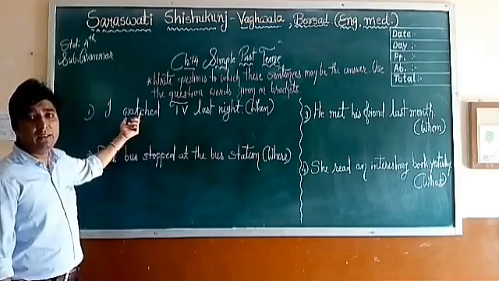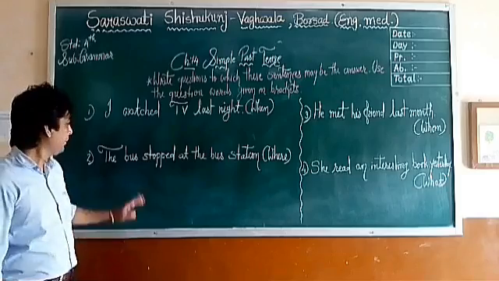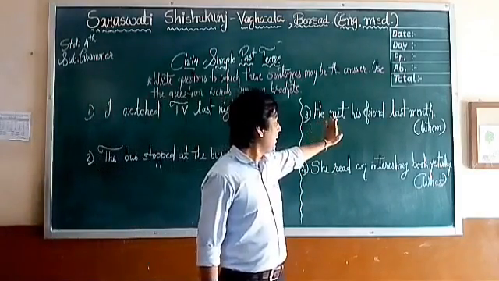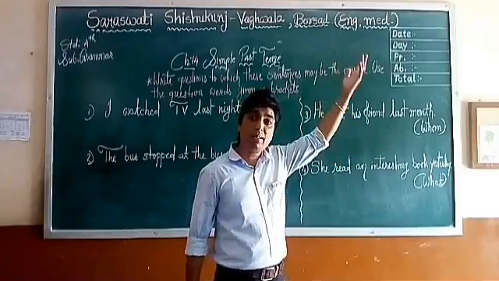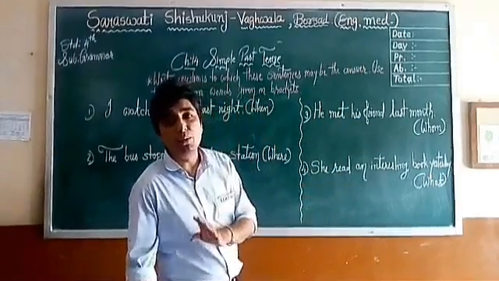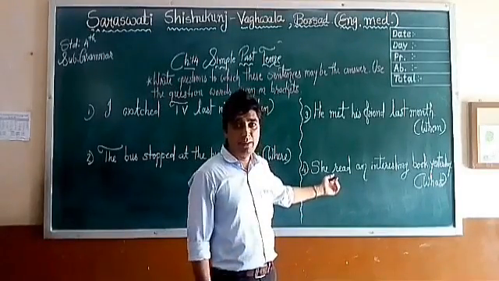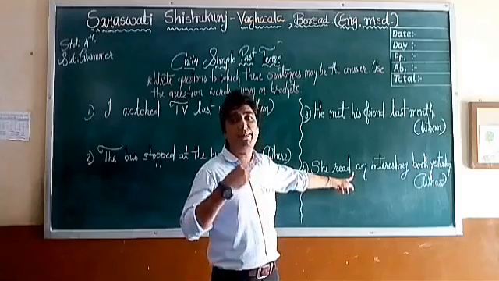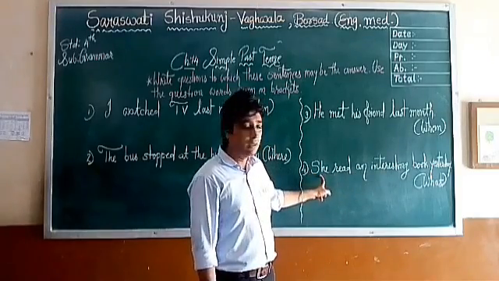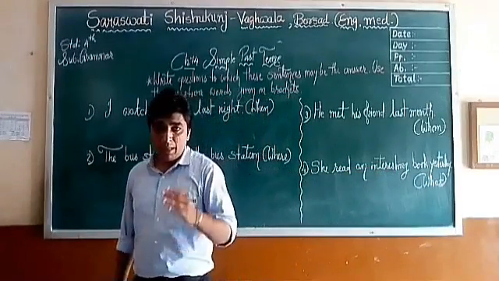By looking at the verb, you understand that this is the simple past tense, right? The bus stopped at the bus station. He met his friend last month. She read. Now do not make a mistake by reading this read, because there is no s. If it is present tense, there will be s, because this is third person singular. So she read an interesting book yesterday.